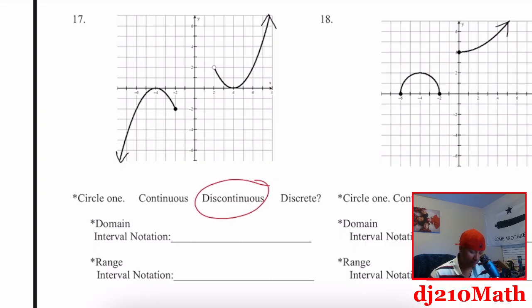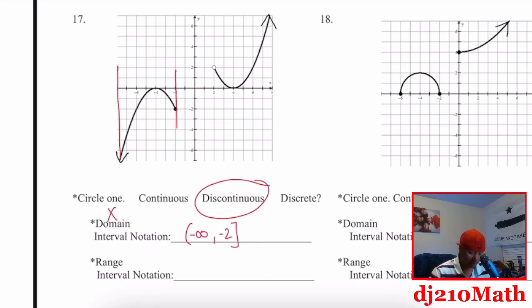Okay. The domain, we're talking about the x values. Nothing changes regardless of how it looks, right? It's always the most left to the most right. So the most left arrow, that implies negative infinity. The most right of this piece, negative 2, closed circle. So bracket.